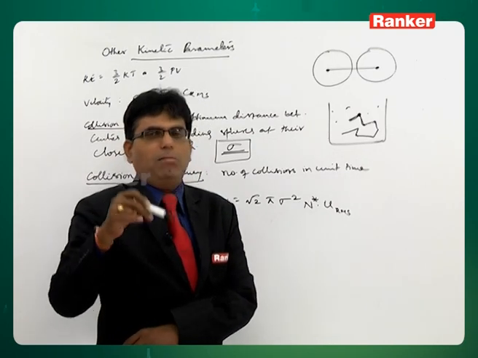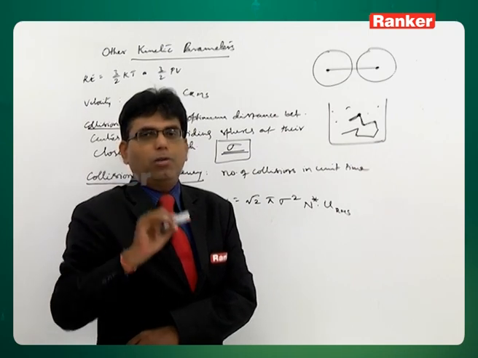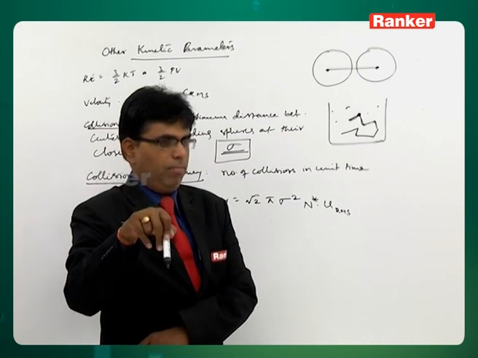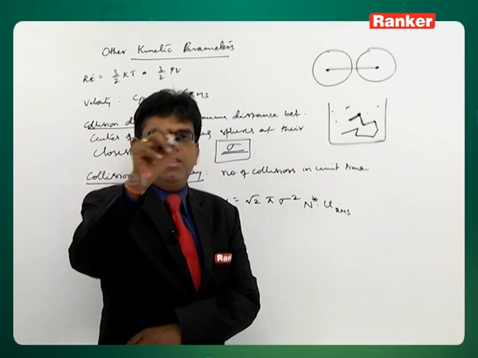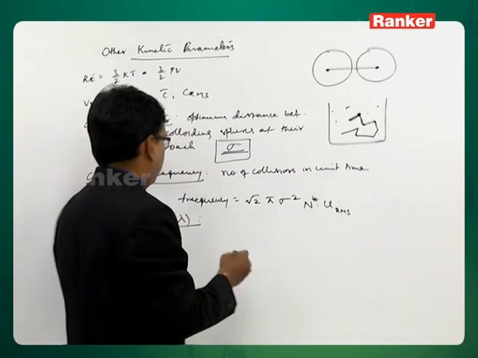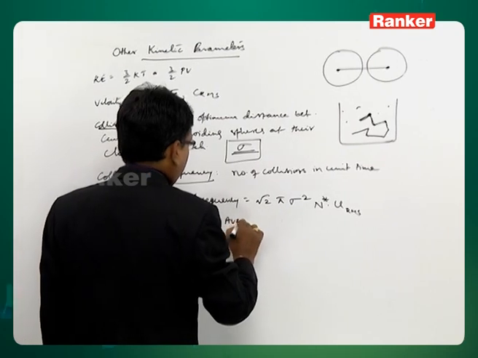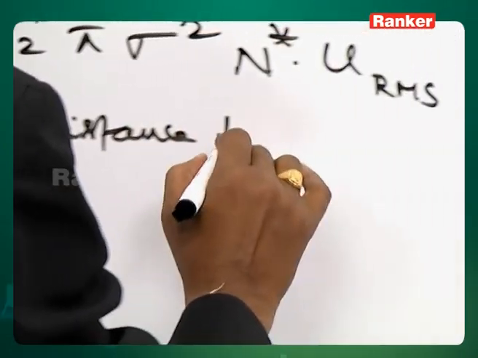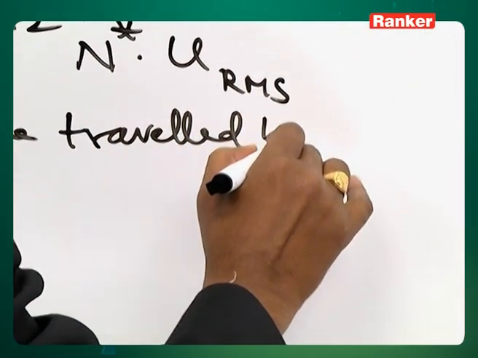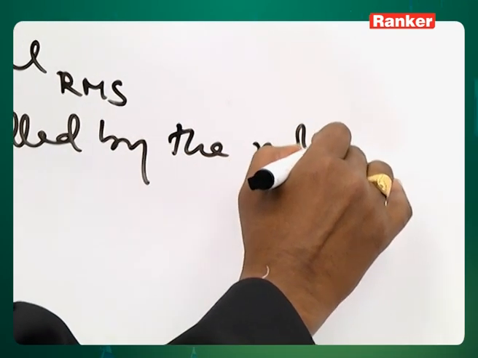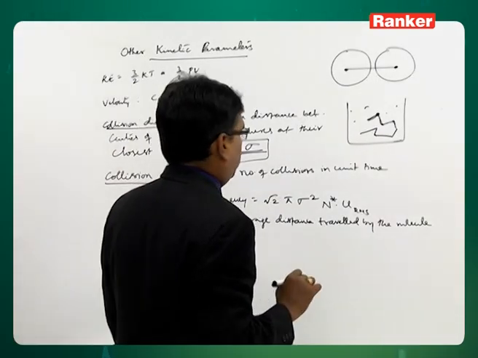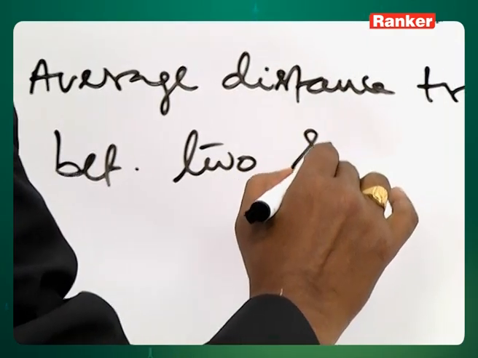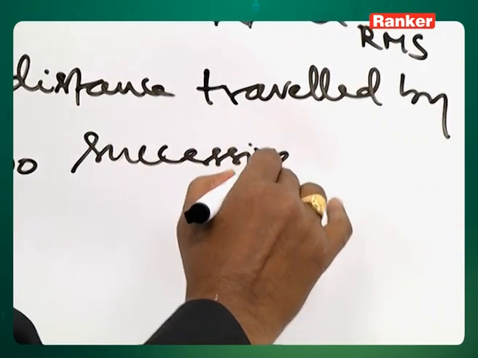Now, what is this mean free path? Mean free path is nothing but the average distance that a molecule travels in order for a collision to take place. The other way around, we can define the mean free path as the average distance travelled by a molecule between two successive collisions.